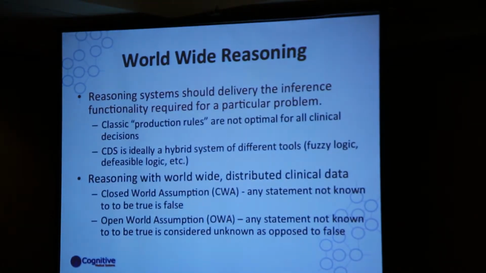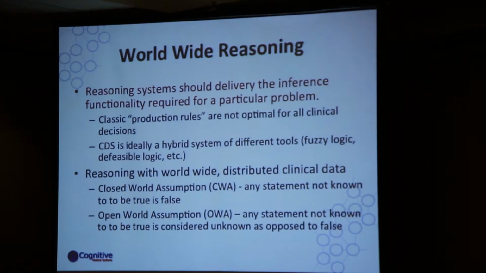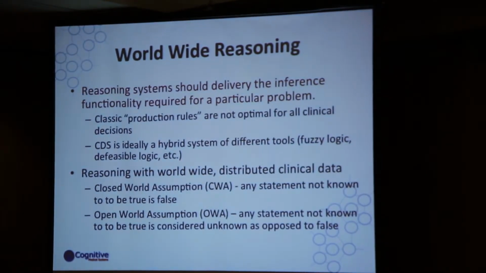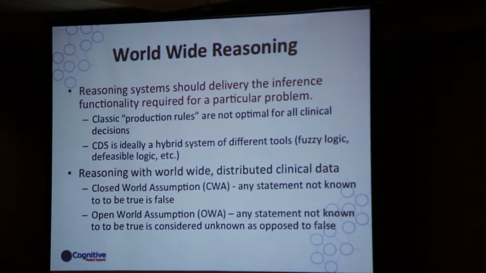Now, my particular focus or my particular interest is in cognitive support, cognitive medical systems, kind of self-explanatory. And let me describe this by saying the reasoning systems ultimately, ideally, would deliver the right type of reasoning to the situation at hand.